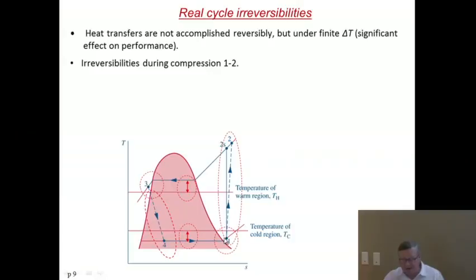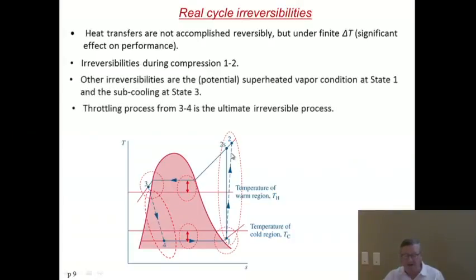You then have the irreversibilities in compression during 1 and 2. And you have the fact that you're not working in saturated vapor, you're working in superheated vapor instead of exactly in saturated vapor. The same thing here, you can be a little bit in undercooled liquid instead of exactly at saturated liquid.